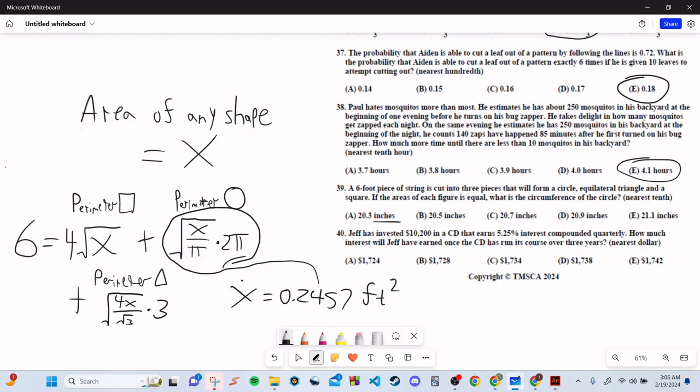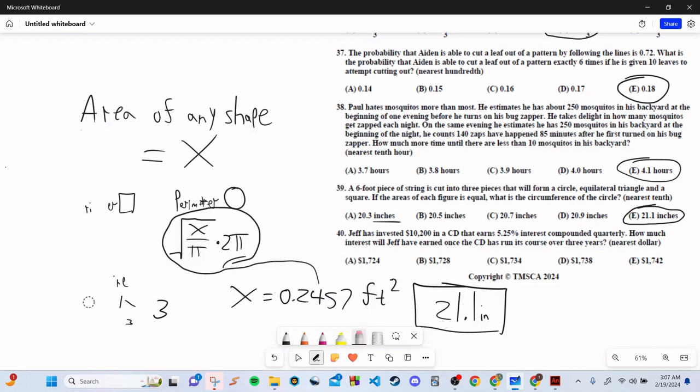So that's going to be the square root of 0.2457 over pi times 2 pi. And then I need to multiply that by 12 to turn it from feet to inches. And that gets me a value of 21.1 inches. And so answer choice E is the correct answer.